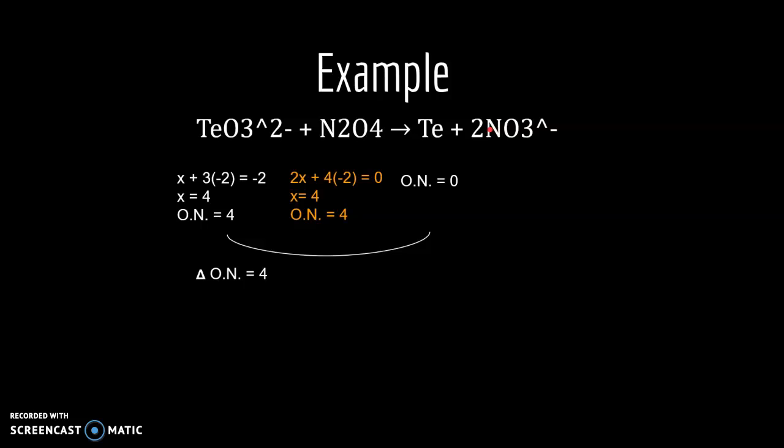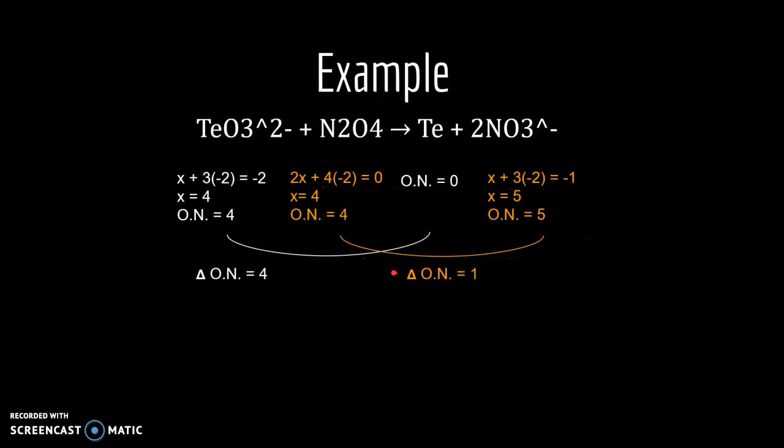So now we look at its counterpart, 2NO3 minus. There's a coefficient, but we won't worry about that just yet. So we just take the N, use it as X, have the O, since there are 3 O's, 3 times -2 equals -1, flip everything around, get X equals 5, and our oxidation number is 5.